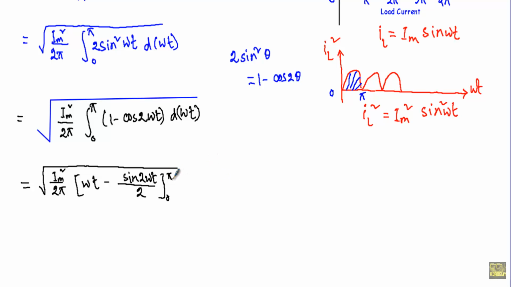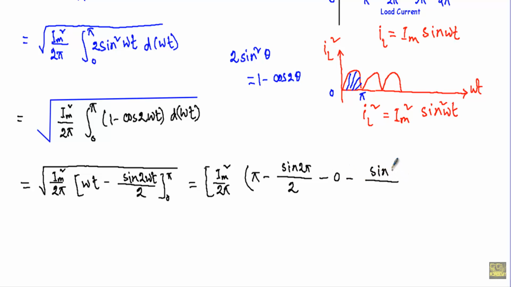Now if I put the values of pi and 0 in place of omega t, I will get Im square by twice pi, pi minus sin 2 pi divided by 2, minus 0 minus sin 2 into 0 divided by 2.